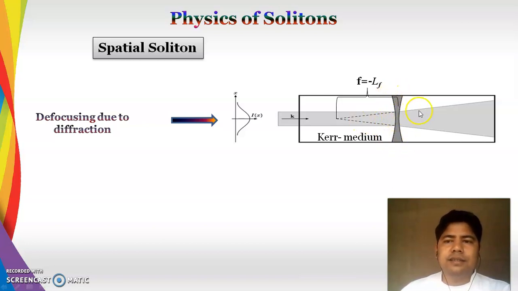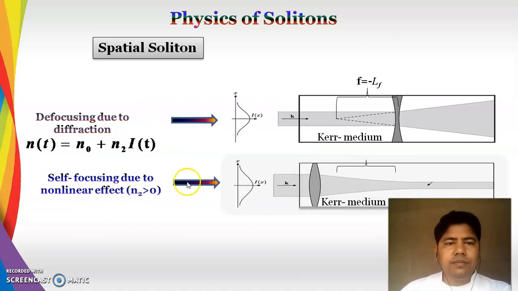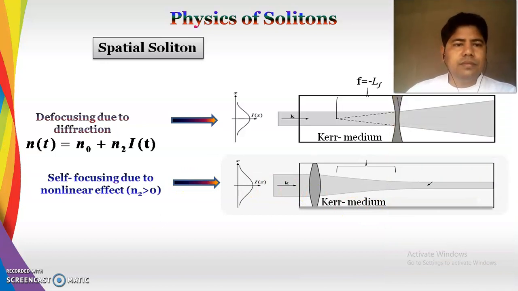Since the pulse gets dispersed at a certain point, the focal length, LF, will be in the negative direction. So this is the defocusing due to diffraction. Then, if this is a Kerr medium, self-focusing due to the nonlinear effect, n2 greater than 0, may appear.